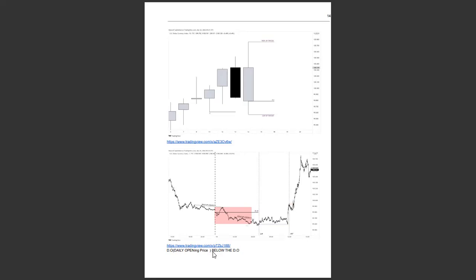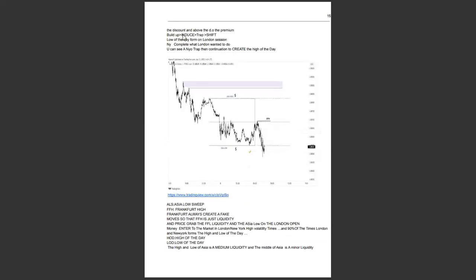Below the daily open price is the discount, above the daily open price is the premium. Build up inducement, trap, shift, low of the day forms on the London session, completing what London wanted to do. You can see an Asian trap, then continuation to create the high of the day, right?